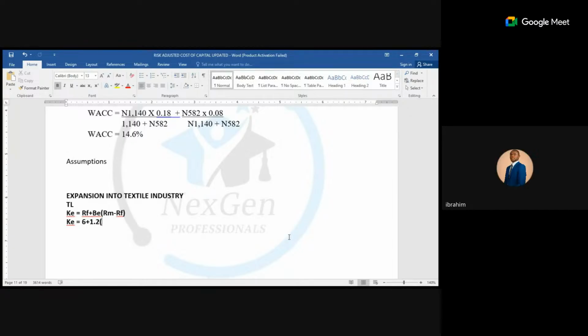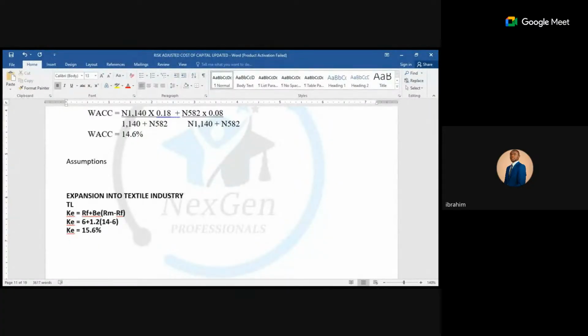Okay, 14% minus 6%. Cost of equity. What do we have? 15.6. Okay, 15.6%. So we can move to the weighted average cost of capital.